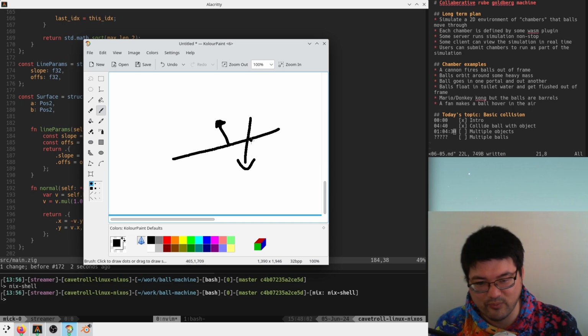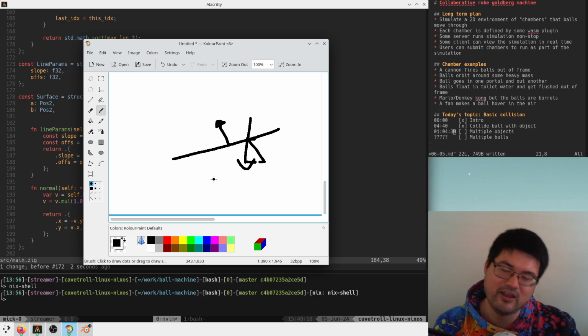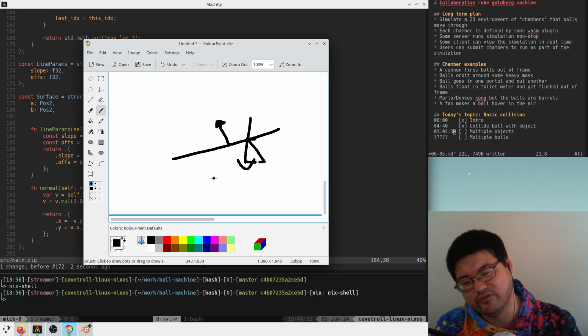And is there some way that this plays in here? Oh, fuck. Can you just project the normal onto the velocity vector? Yeah, that seems right.